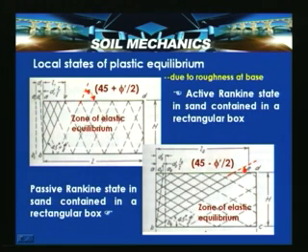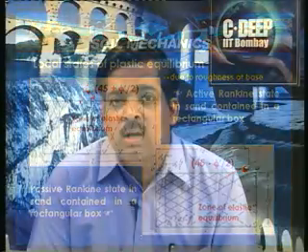Suppose the wall moves away from the backfill, and say AB is the original position of the wall and it moves to the new position A1 B1 by a constant distance d1 across the depth. Then the entire soil mass reaches the plastic equilibrium state, provided the surfaces are smooth at the base as well as at the interface.